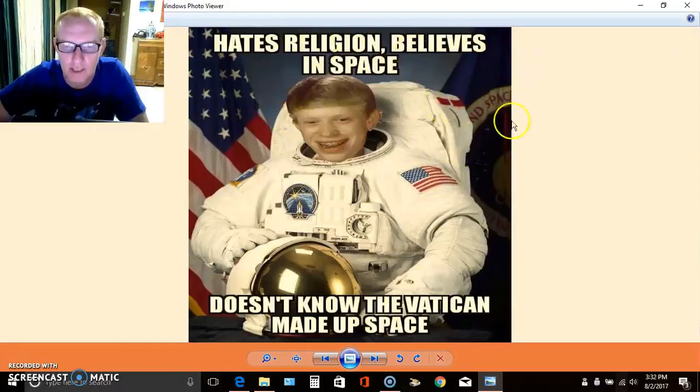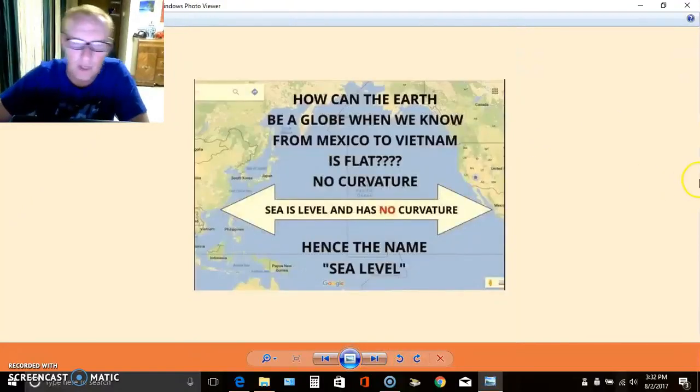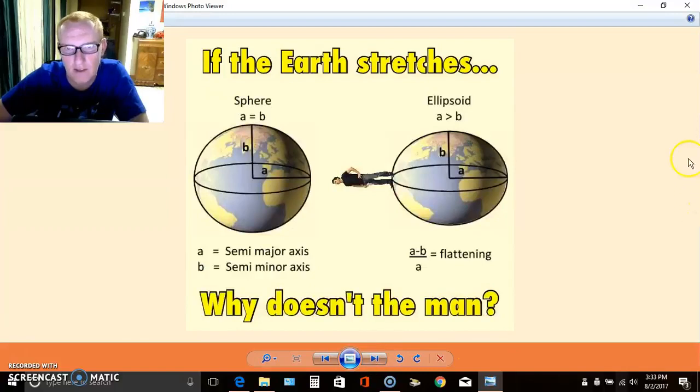Hates religion, believes in space, doesn't know the Vatican made up space. How can the Earth be a globe when we know from Mexico to Vietnam it's flat? No curvature. Sea level has no curvature, hence the name sea level. If the Earth stretches, why doesn't the man? Why is the man stretching here at the equator, right?